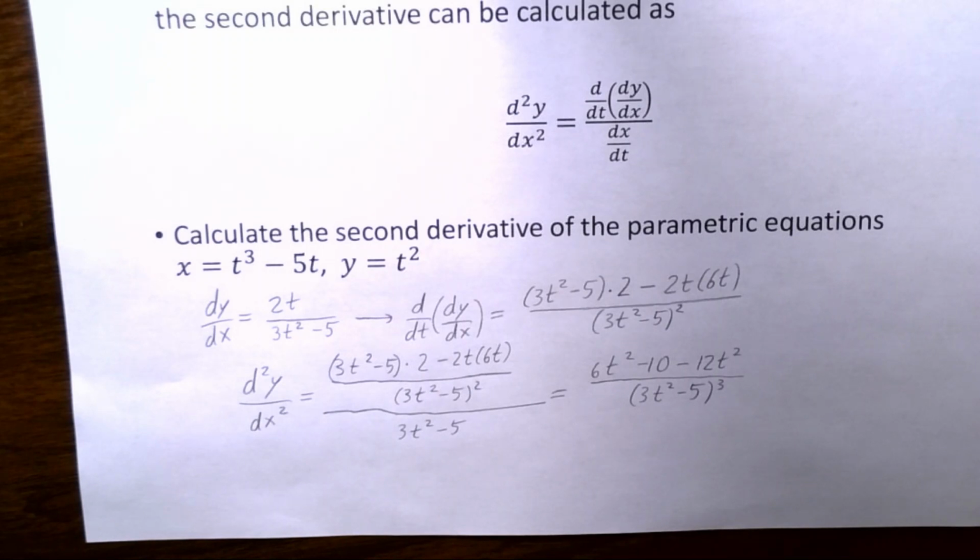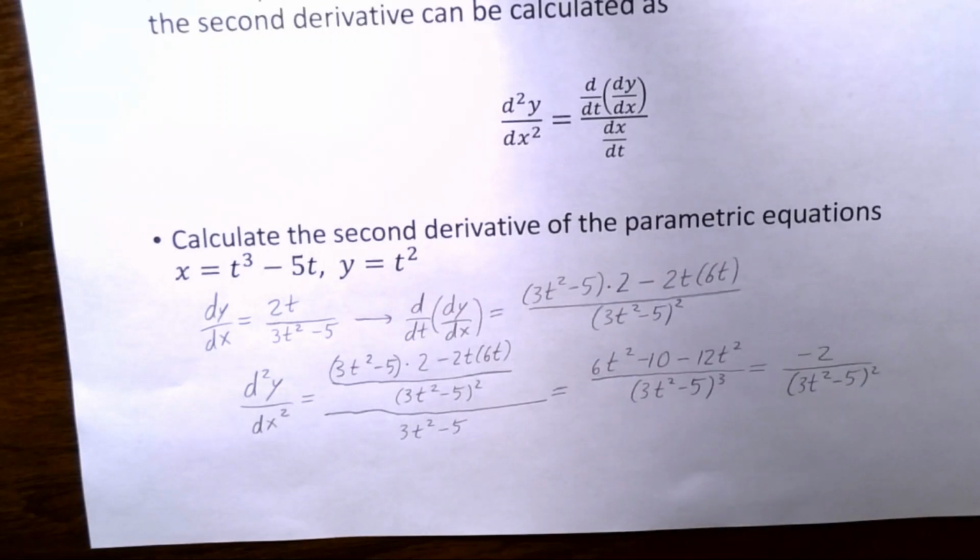We can further simplify that, noting that 6t squared minus 12t squared is negative 6t squared, and that is equal to 2 times (3t squared minus 5). Applying that and canceling gives us a final result of negative 2 over (3t squared minus 5) squared. And this is our final result for the second derivative of this function.